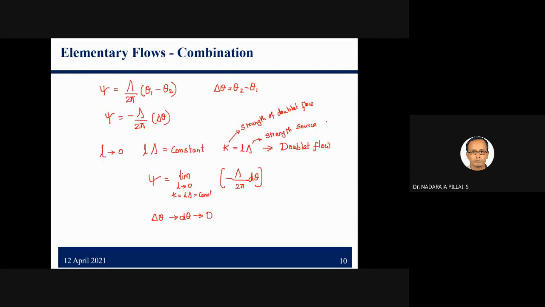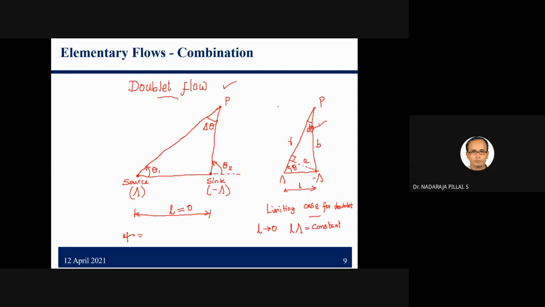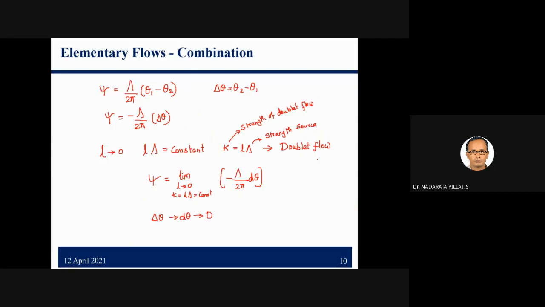So that is the limiting case we want to try. We have R and B as the lengths of the source and the sink from the point P, from P to the source and P to the sink.